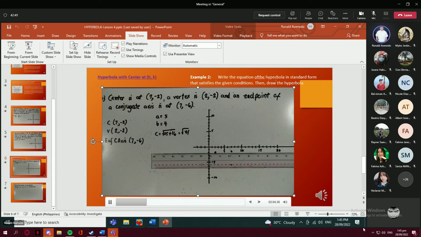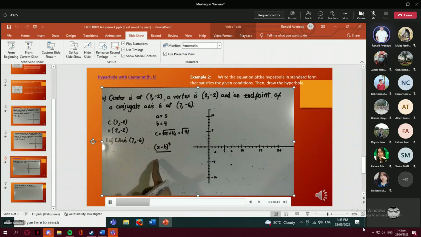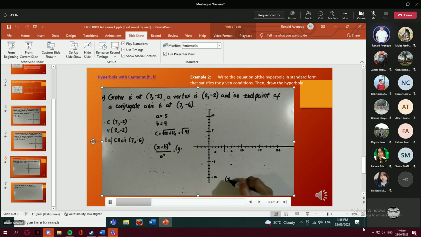So therefore, our equation is of the form x minus h squared over a square minus y minus k square over b square is equal to 1.